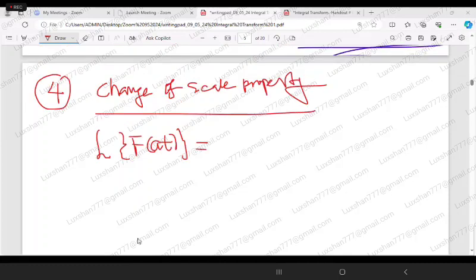So Laplace transform of f of a t equals, so we know that, 1 over a into f of s over a.